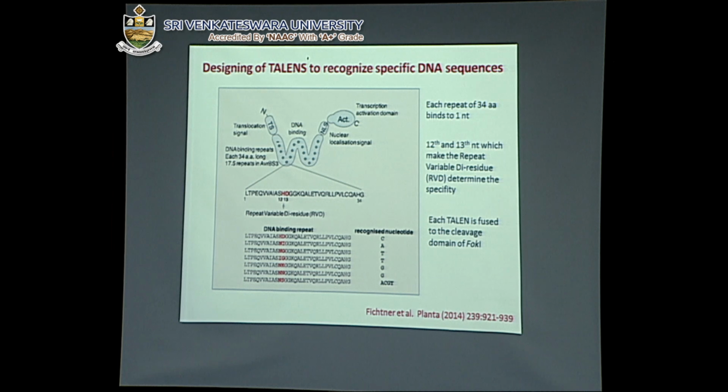For this binding, you need a portion called the DNA binding domain, which has, in this case, 17 DNA binding repeats. Each repeat has 34 amino acids, of which 32 amino acids have the same sequence.